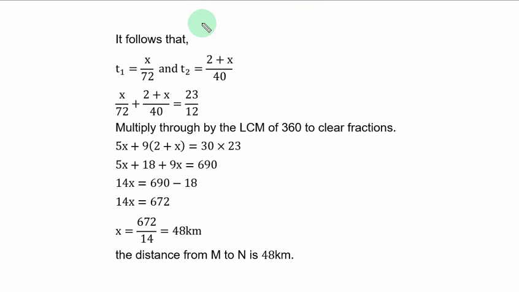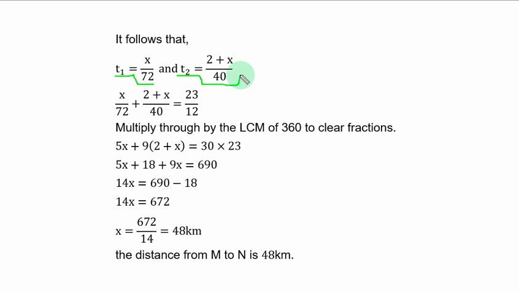It follows that for the travelling of the man, the time t sub 1 is equal to the distance s over speed 72, and for the coming back, the time t sub 2 is the distance 2 plus s over speed 40.